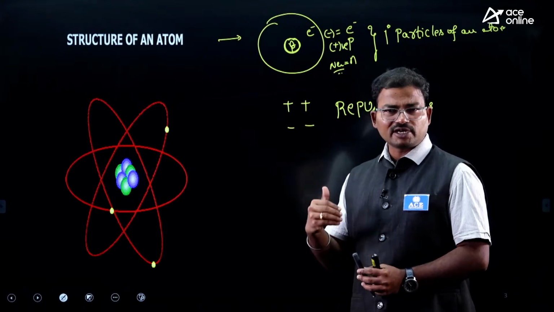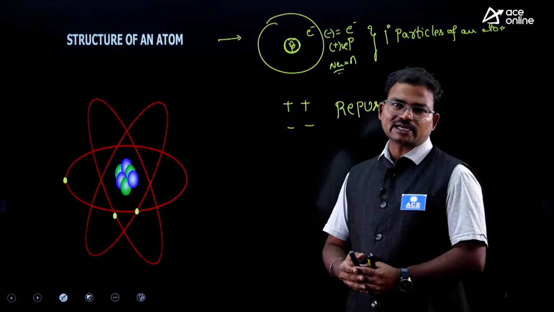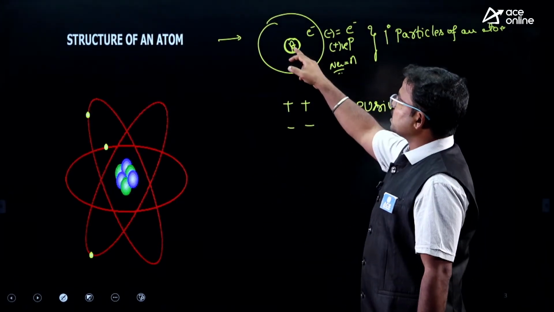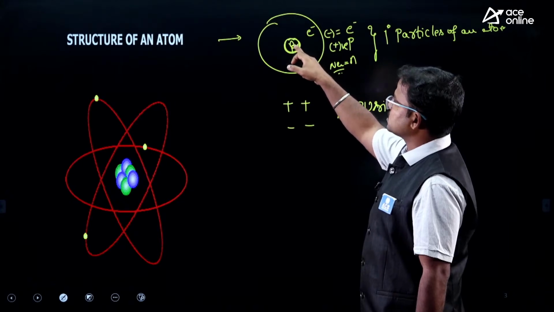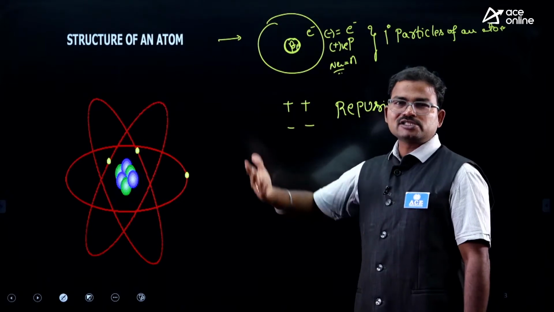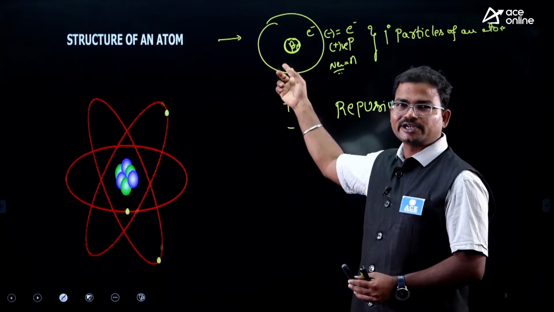If it exhibits repulsive forces, then what will happen? The stability of the atom would not be possible. Why? Because between two protons repulsive forces exist, and that impacts the stability of the atom.